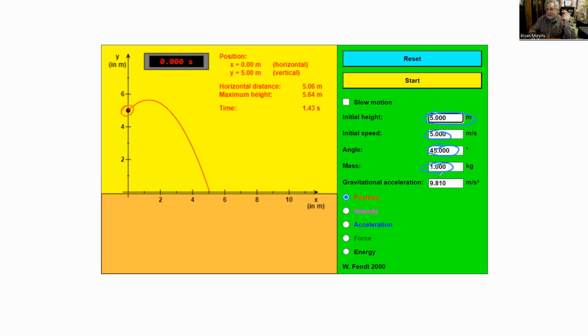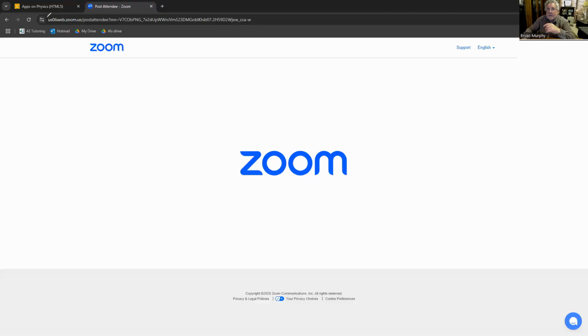Don't mind about the mass, and we're going to stick to being on the Earth. We can look at our positions, velocities, accelerations and forces. The computer is going to work out what's going on.